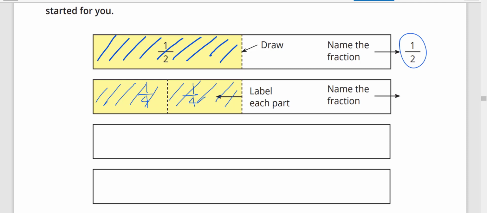So, the name of the fraction is, how many fourths do we need to make half? Yes, 2 fourths. 1, 2. So, the name of this fraction is 2 fourths. Okay.